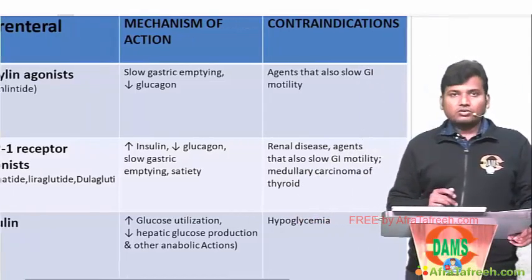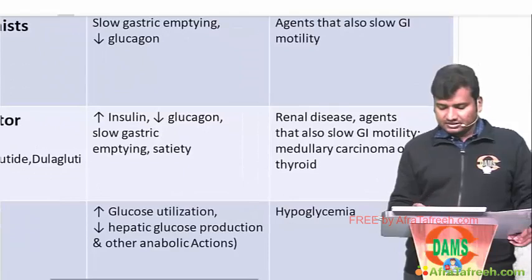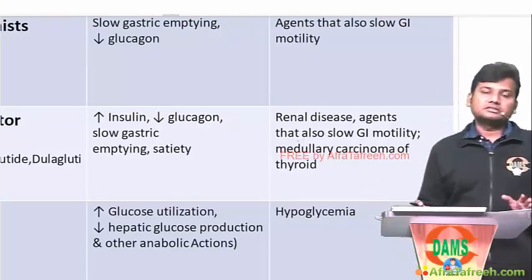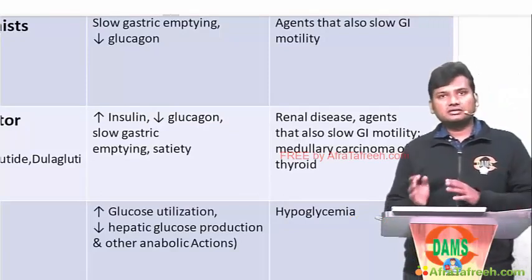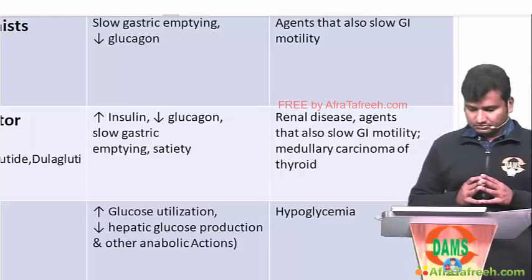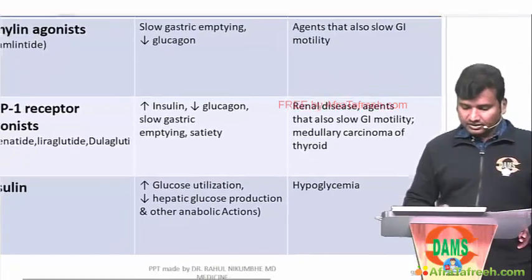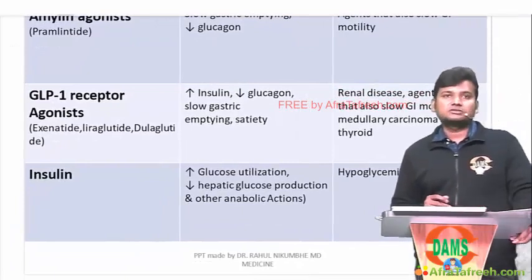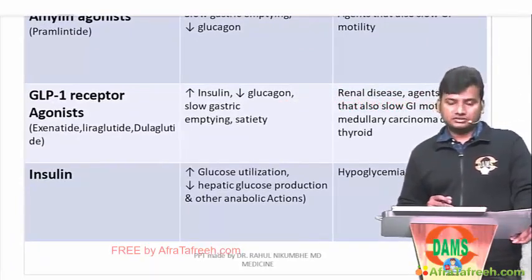These drugs are contraindicated in renal diseases and should not be given with other drugs which can decrease intestinal motility. Medullary carcinoma of thyroid is also a contraindication for GLP-1 receptor agonists.